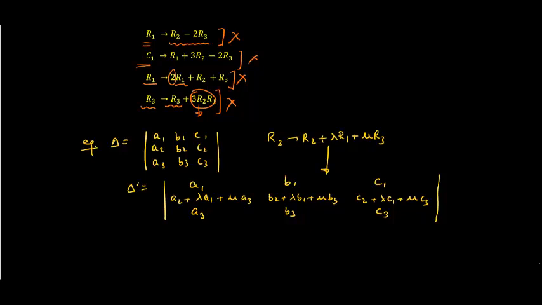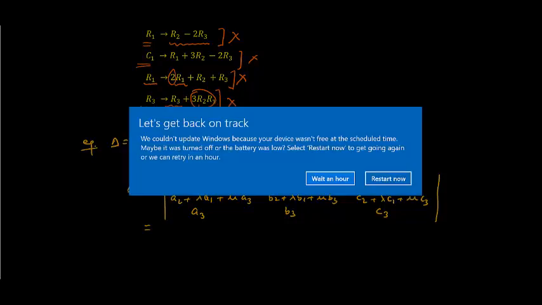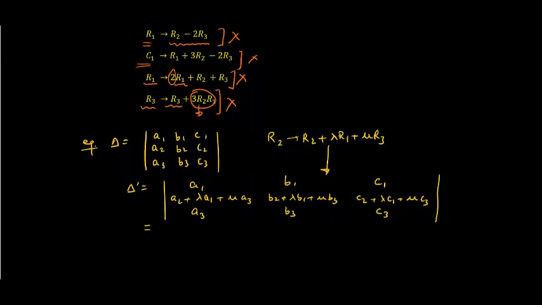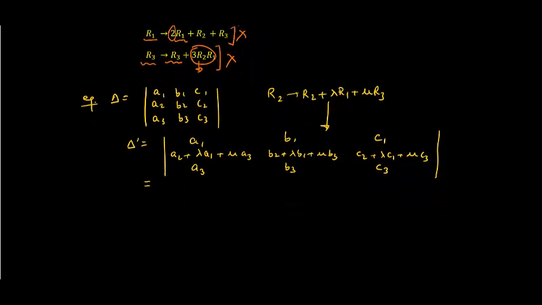Now I can split this determinant along the second row. So मैं इसको second row से split कर देता हूँ एक बार. I am simply expanding this determinant along the second row.